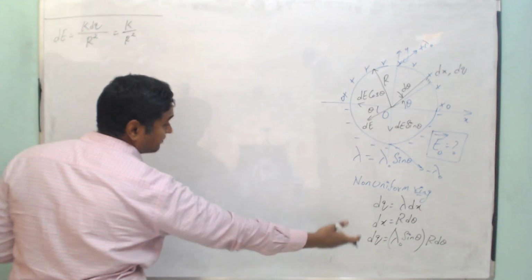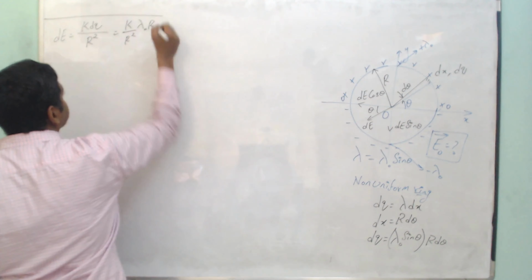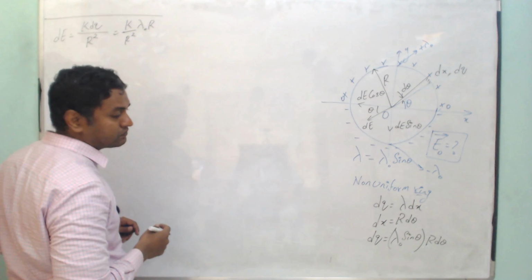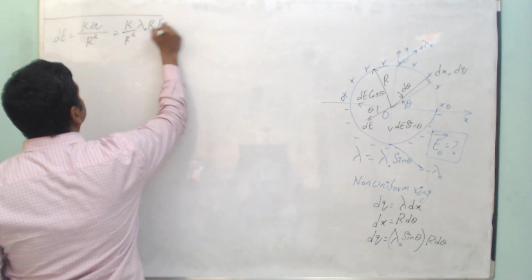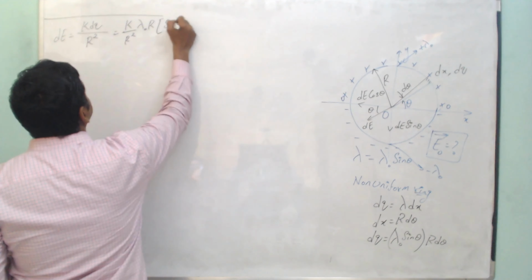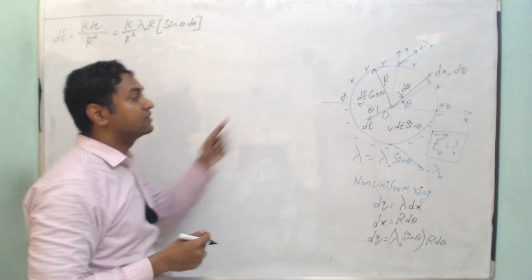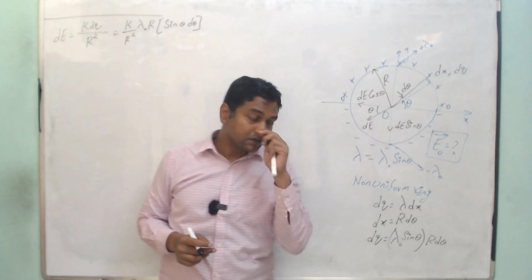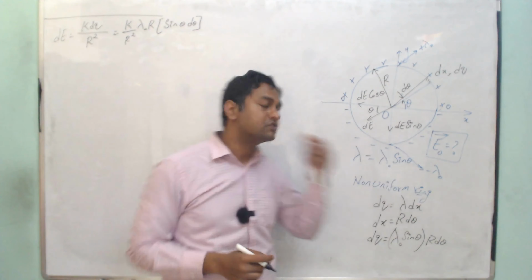Next I have dq. Lambda naught into r is also a constant. Next I have sine theta d theta. This sine theta I have got because he gave it in the question.